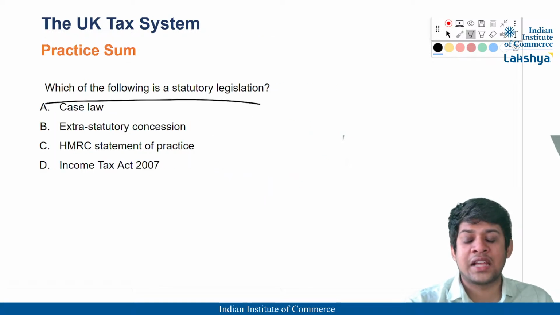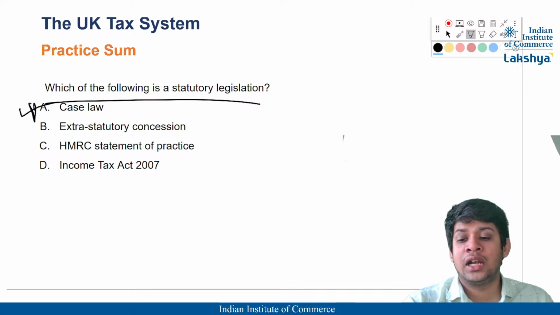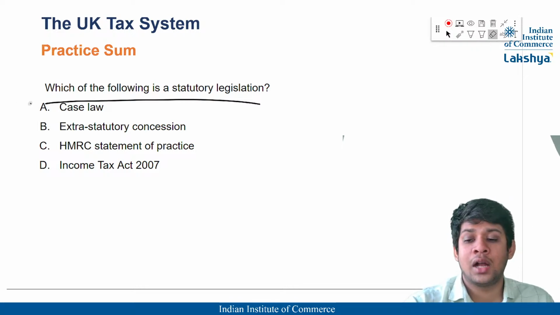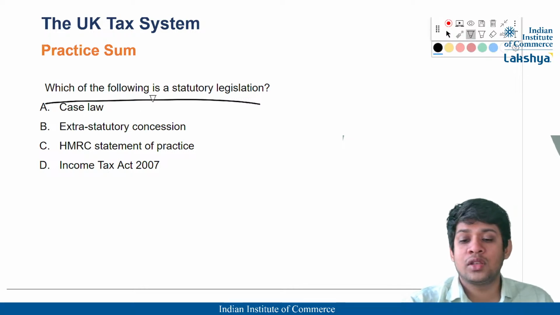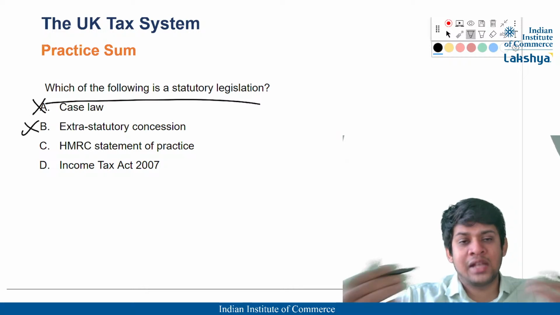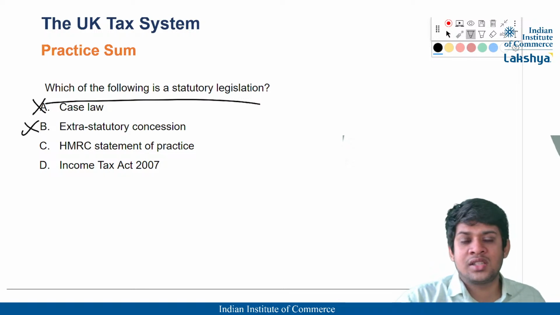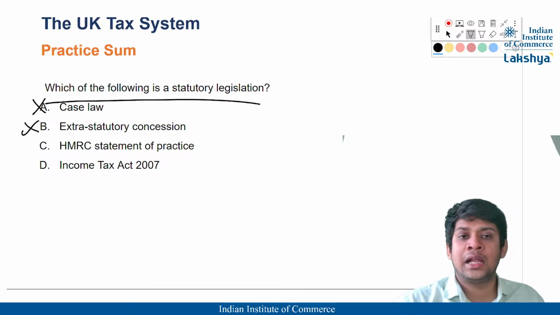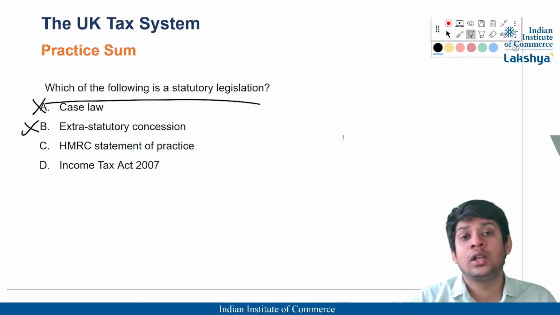Which of the following is a statutory legislation? Case law is not a statutory legislation, right? Case laws are just certain cases through which you understand what the tax law is trying to specify. Extra statutory concessions, after they are provided to you, could later be enacted in the law, but if they are right now just extra statutory concessions, they are not a part of the statutory law.